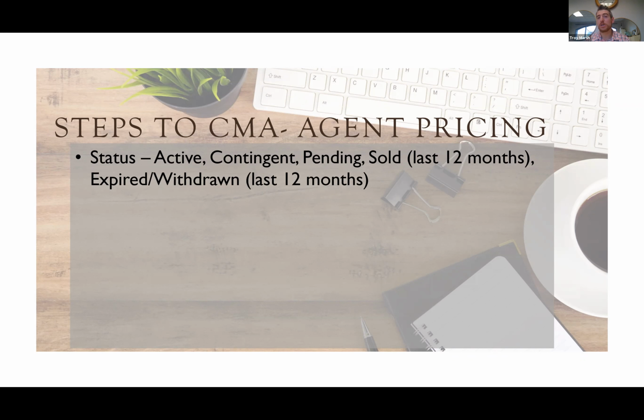Like I said, some year over year appreciation was as much as 15% or more in some cases. So make sure that even though you're looking back 12 months to get a big enough sample size, you always want to pay attention to when it sold. And I would say if it sold before May of last year, I would take it with a grain of salt because it doesn't really represent the market that we're in now.